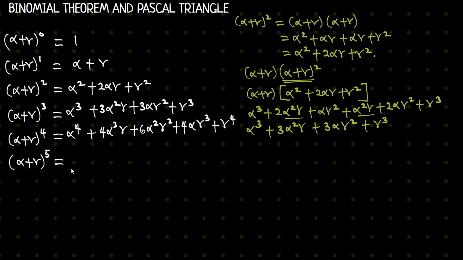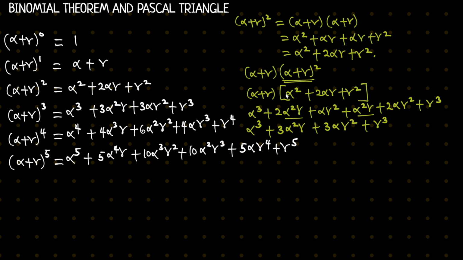Lastly, if you do the same for alpha plus gamma to the power of 5, you're going to have alpha to the power of 5 plus 5 alpha to the power of 4 gamma plus 10 alpha cube gamma squared plus 10 alpha squared gamma cube plus 5 alpha gamma to the power of 4 plus gamma to the power of 5.